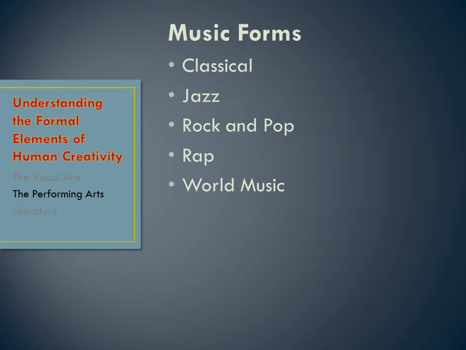When we talk about music as a performance art, we want to think also about the different forms of music. What was often referred to as classical music could also be called performance music.